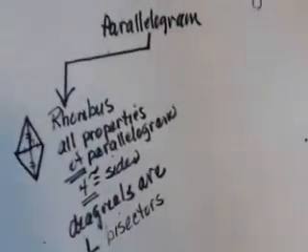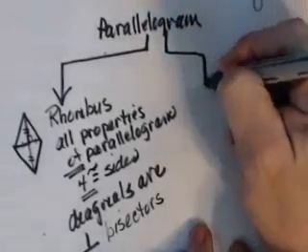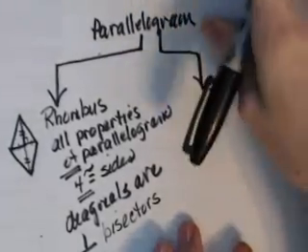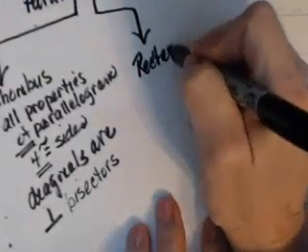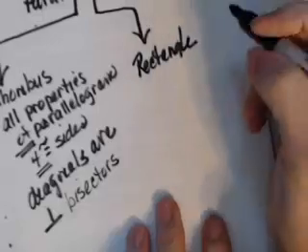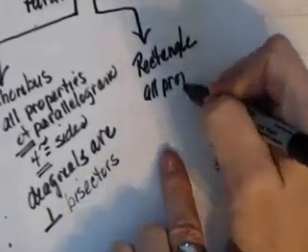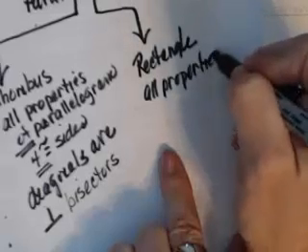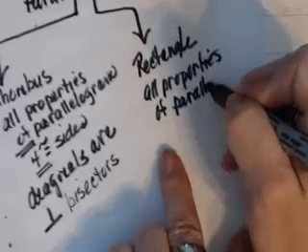Now another child of the parallelogram is a rectangle. So a rectangle has all properties of a parallelogram.